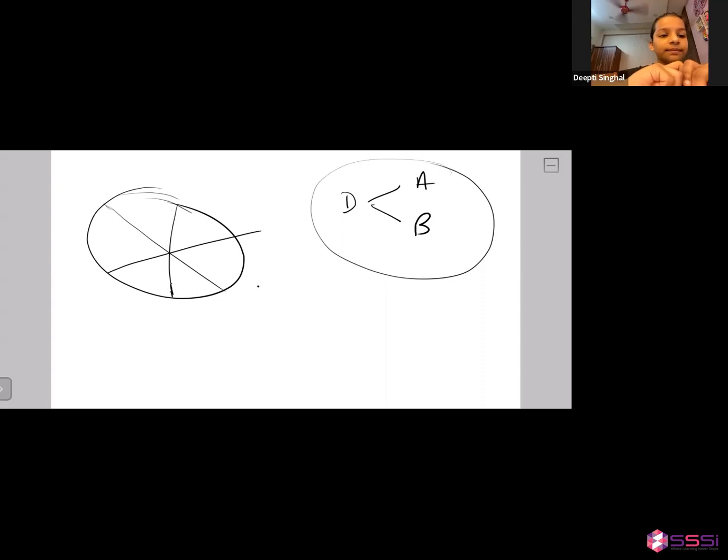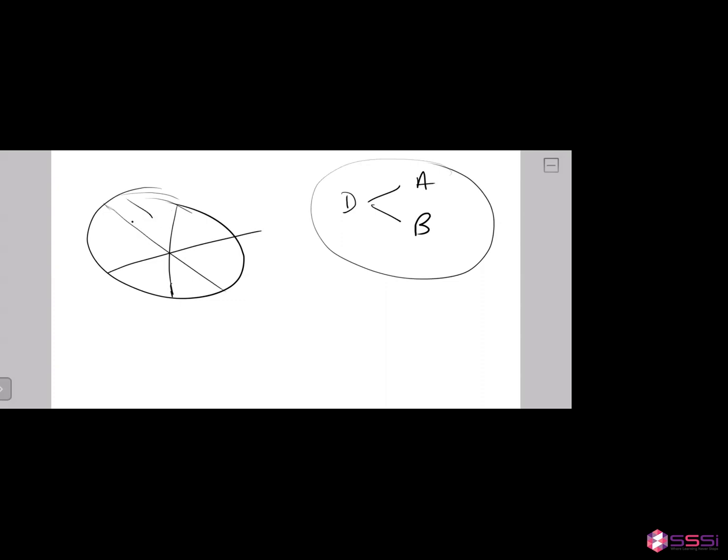So these 2 slices are for Divyanshi, these 2 are for her friend A, and these 2 for friend B.